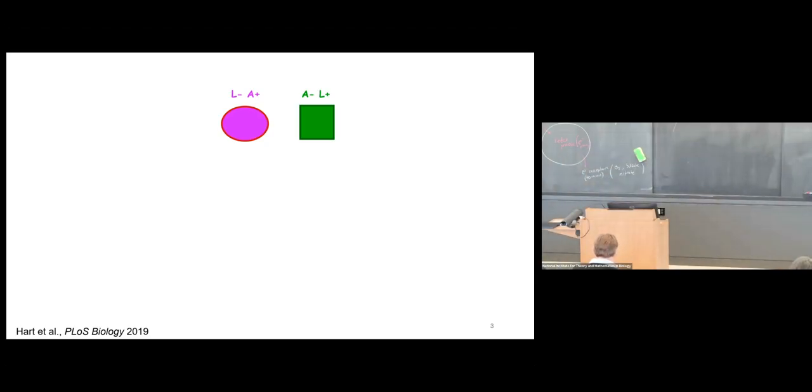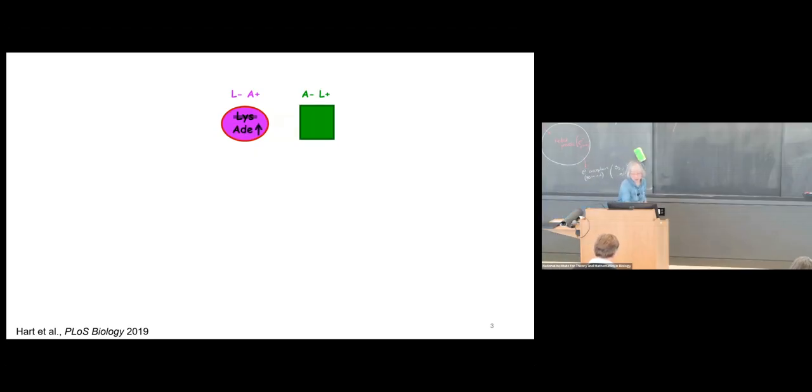So we have set up an engineered yeast community, in which the two strains will engage in metabolite exchange. So for L minus A plus, L is lysine. For the mathematicians in the audience, lysine is an essential metabolite. So if you don't have lysine, you don't grow. So these cells cannot make lysine.